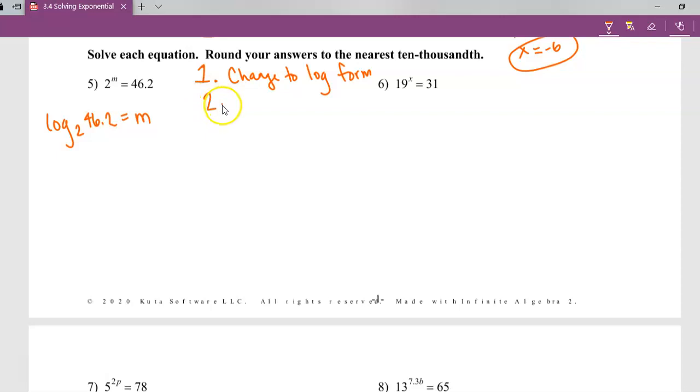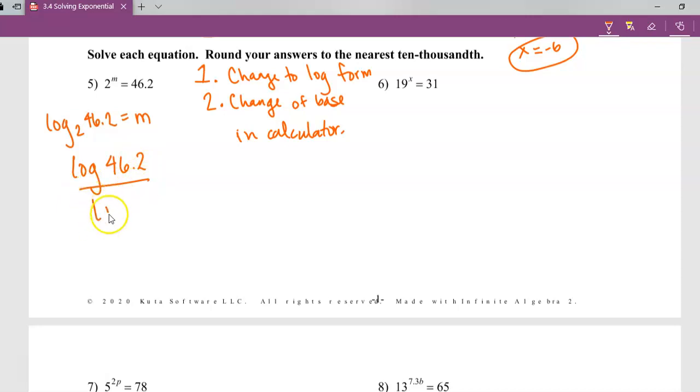And then the second thing I want to do is use the change of base formula in my calculator. So I'm basically just solving this in my calculator. n equals log base 2 of 46.2. But remember our change of base: when you hit the log key on your calculator, it has base 10. We have to put this in our calculator as log 46.2 divided by log 2.